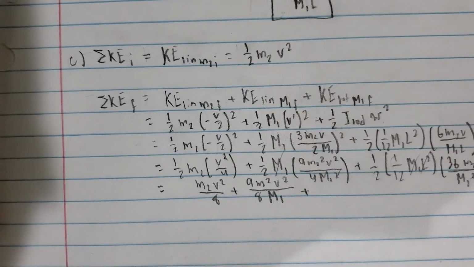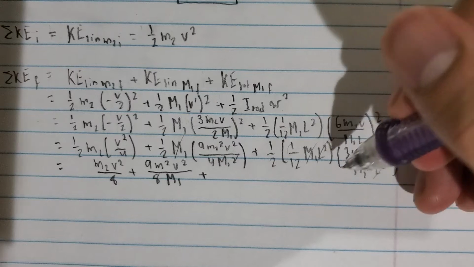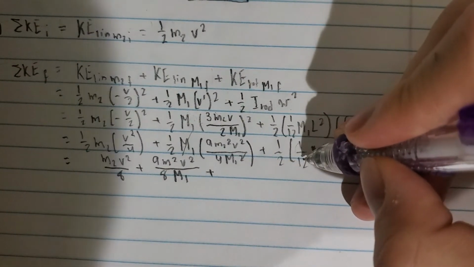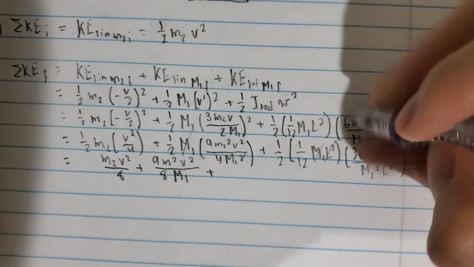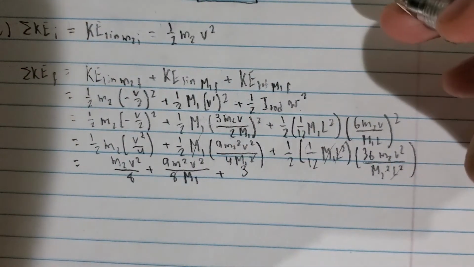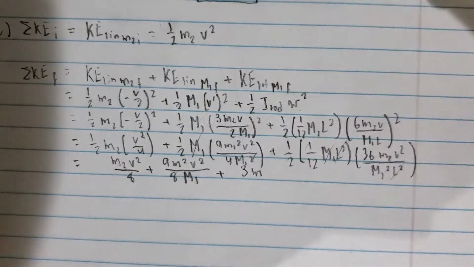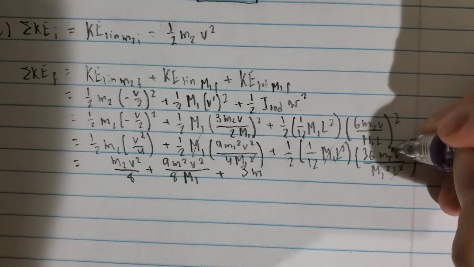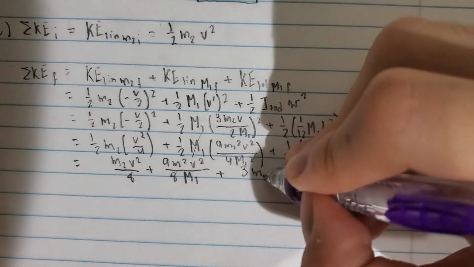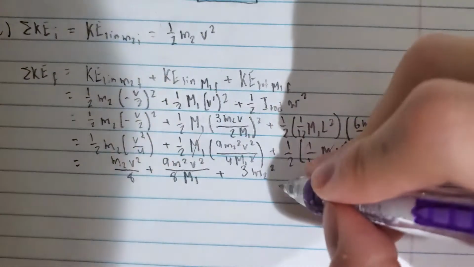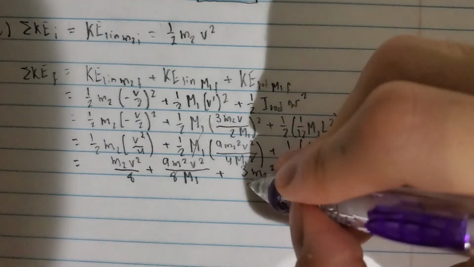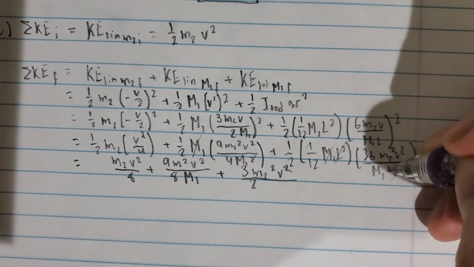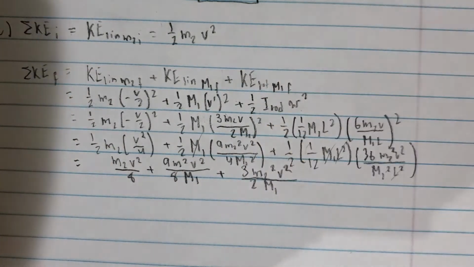And for this messy term over here, 36 divided by 12 is going to be 3, so I have 3 M2 squared times V squared over 2, and I only have an M1 at the bottom since this one canceled here. All right.